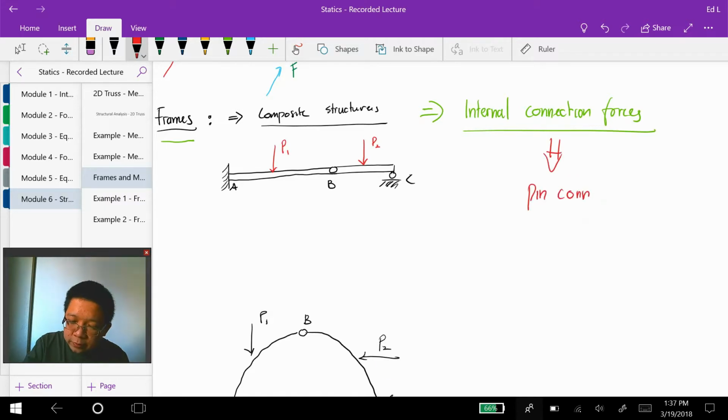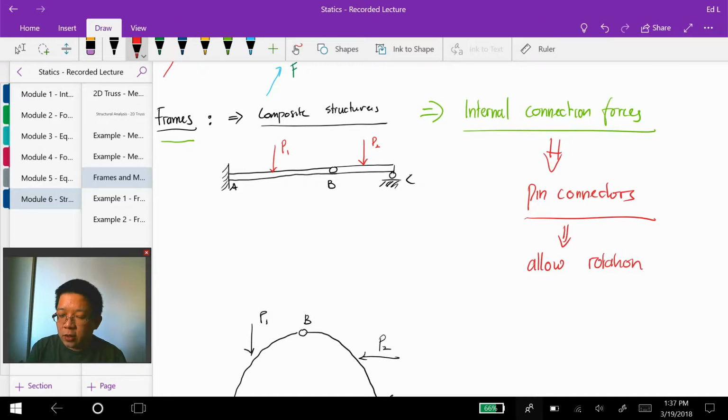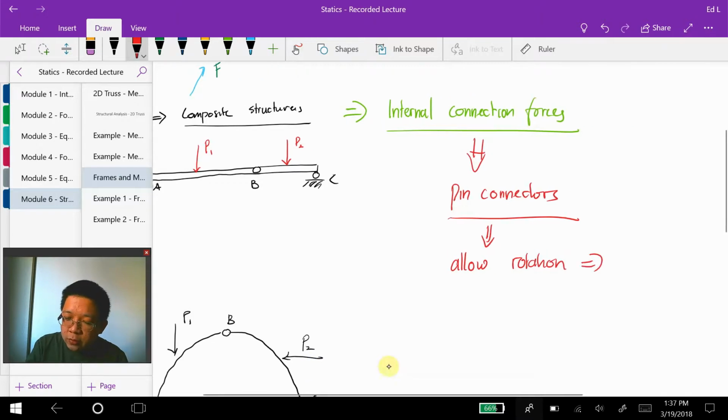Okay, and we have learned in module 5 that pin connectors allow rotation, right? It allows rotation, so there is no transfer of moment.